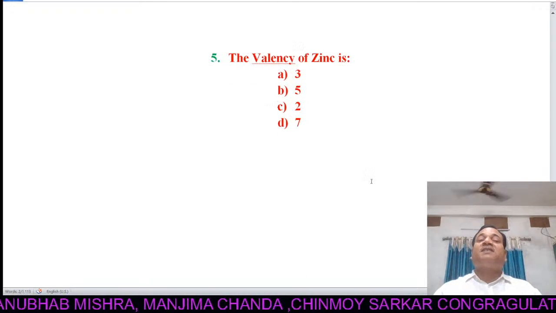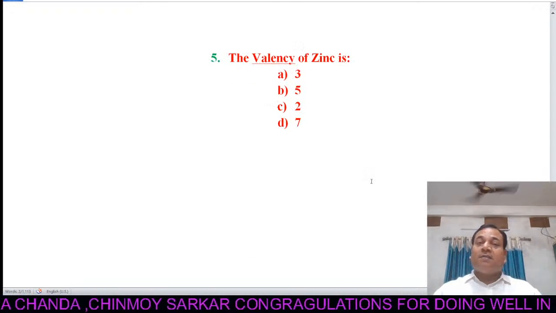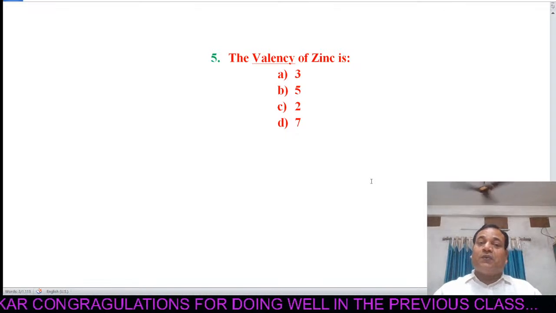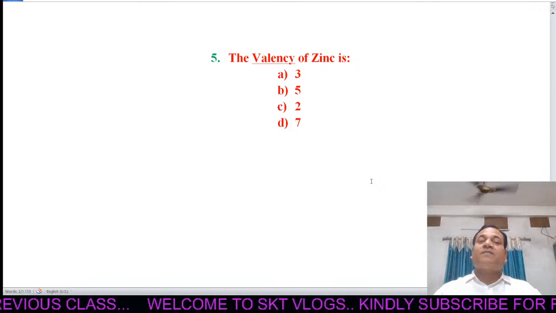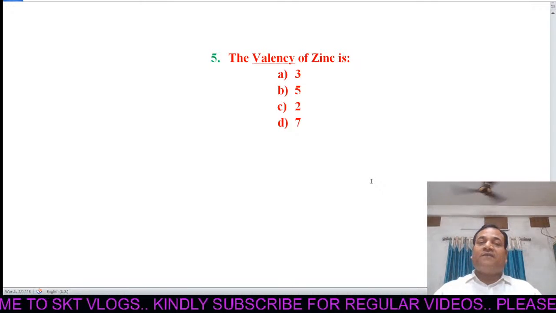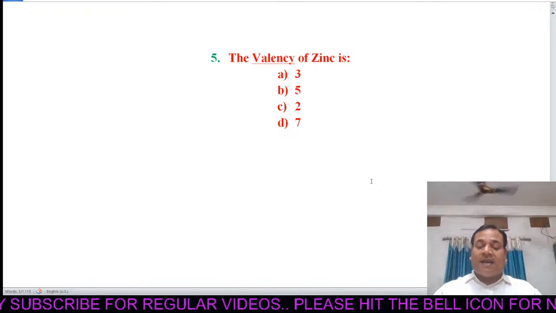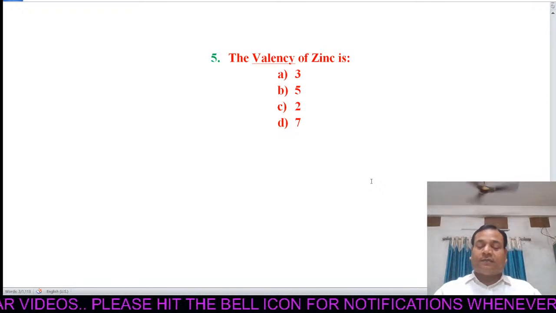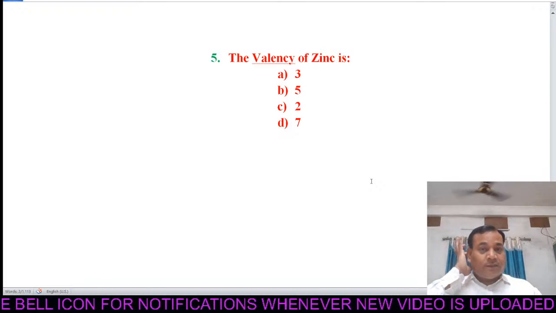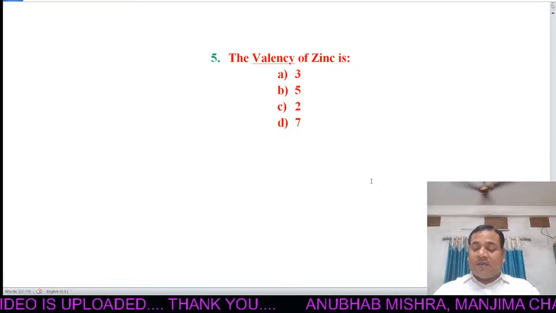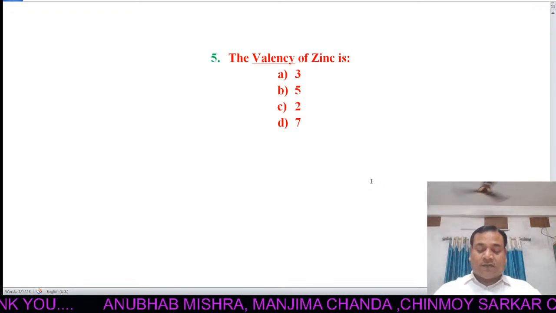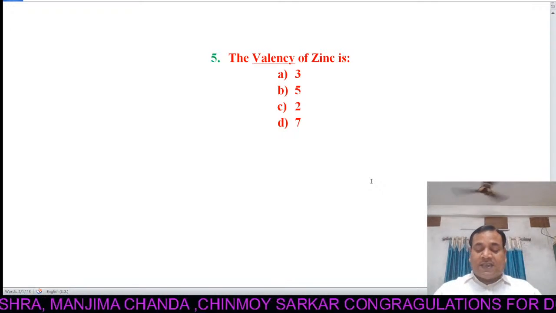Now the valency of zinc is A 3, B 5, C 2, D 7. The valency of zinc is what? A 3, B 5, C 2, D 7. Question number 5 is going on. The valency of zinc.